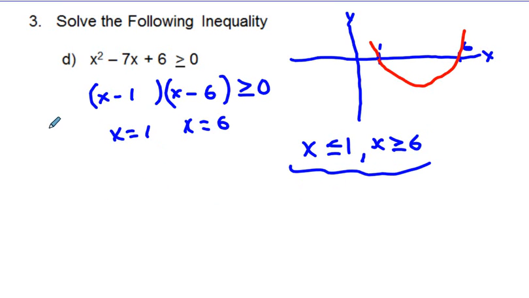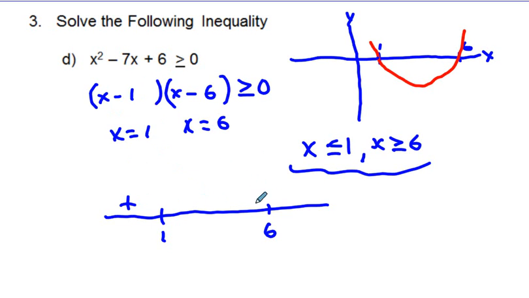And again, we could pull out our sign chart and do the same thing that we did earlier. Between 1 and 6, and then we could take a value less than 1, say 0, we would have a positive times a positive.